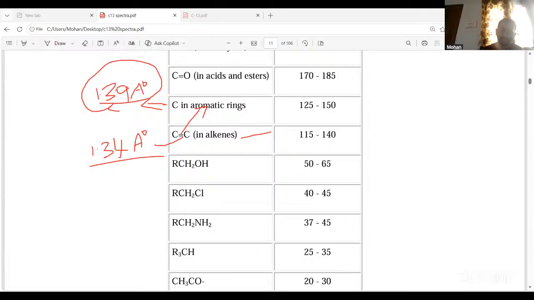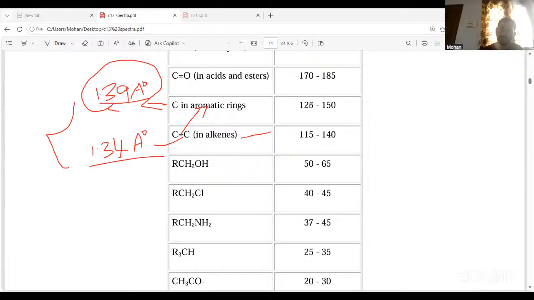So this bond length is also one of the factors affecting the chemical shift values here. Because we have the same C double bond C nature, but you can see the difference in the chemical shift values. The difference is due to the change of bond length and bond angle.